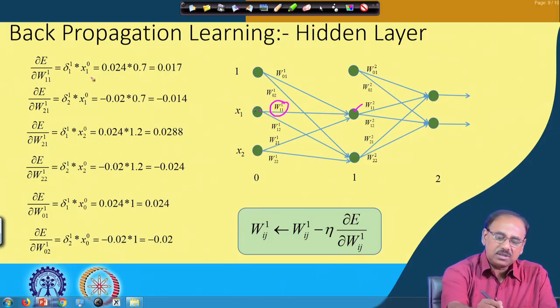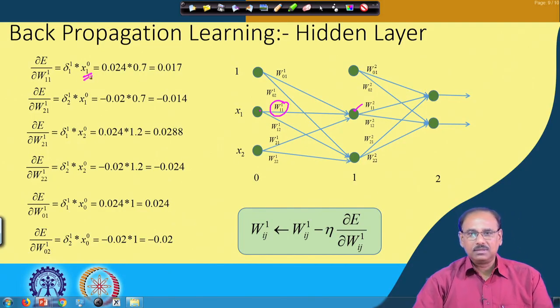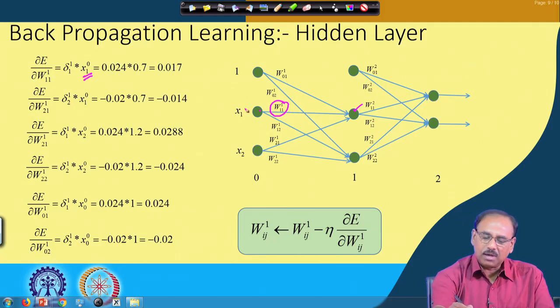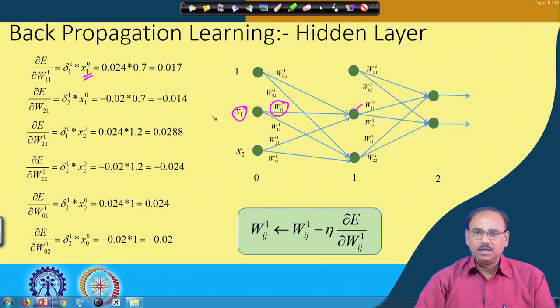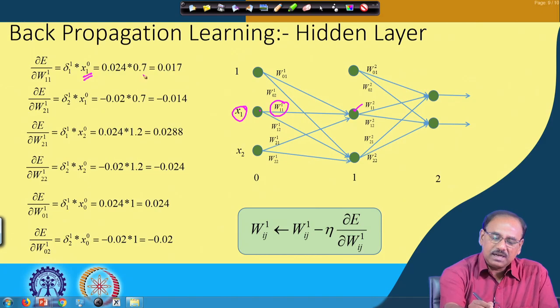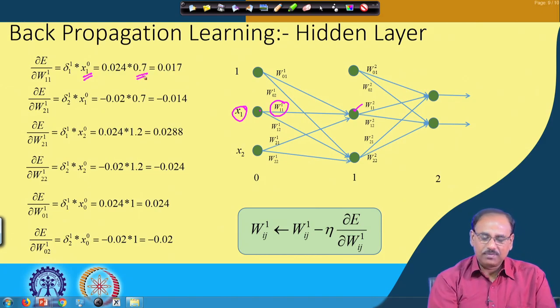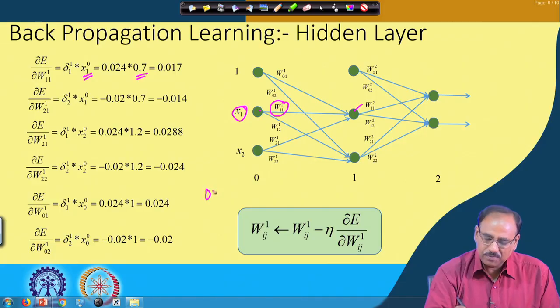So, x10 is nothing but the first component of the input vector, which is x1. If you remember, we considered that to be 0.7. My input vector was 0.7 and 1.2.